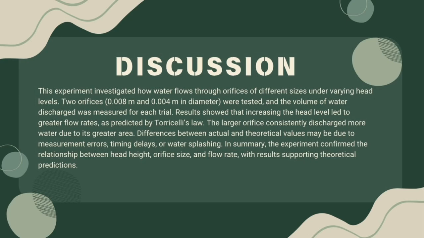The larger orifice consistently discharged more water due to its greater area. Differences between actual and theoretical values may be due to measurement errors, timing delays, or water splashing. In summary, the experiment confirmed the relationship between head height, orifice size, and flow rate, with results supporting theoretical predictions.